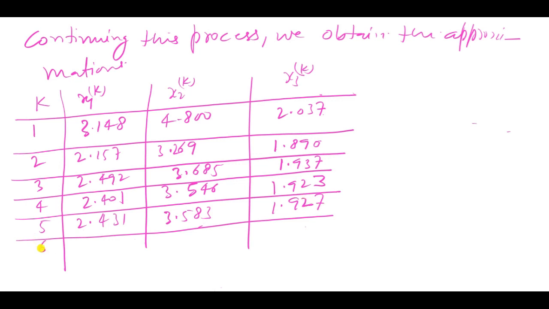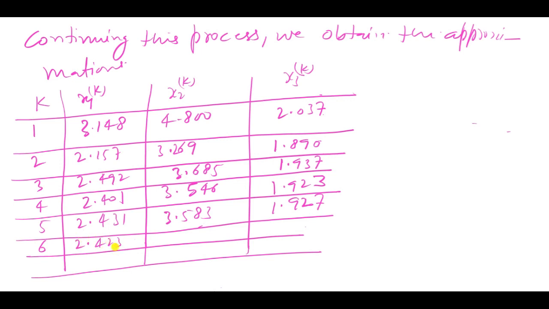And when we put k is equal to 6, the sixth approximation, x16 is 2.423, x26 is 3.570, x36 is 1.926. In the seventh approximation, when k is equal to 7, x17 is 2.426, x27 is 3.572, and x37 is 1.926.